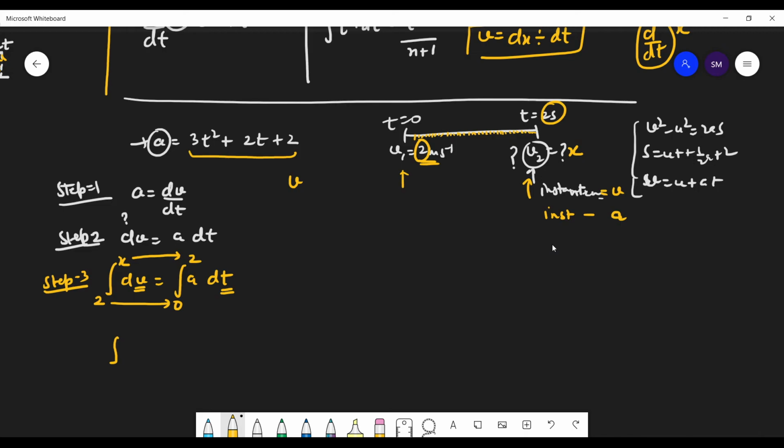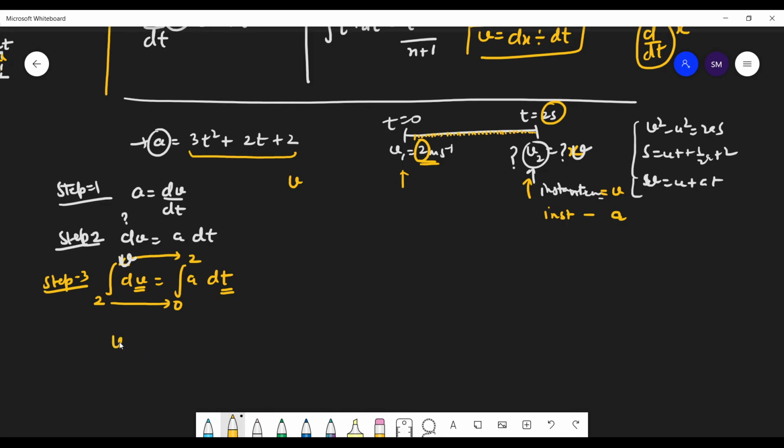Okay. So students, what do we get? Or you can write the final velocity as v also. Instead of x, let us take v, because x might confuse us. So what is the integration of dv?